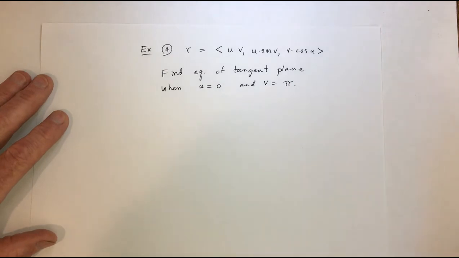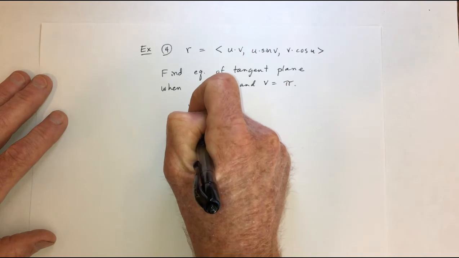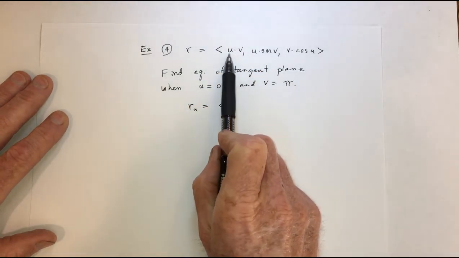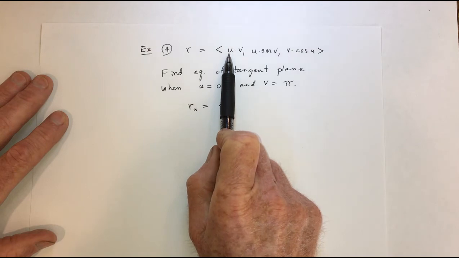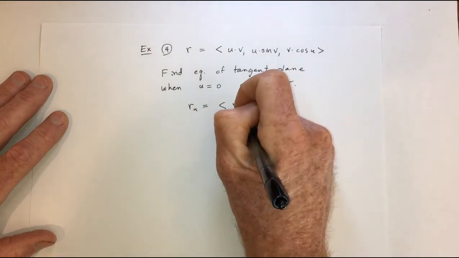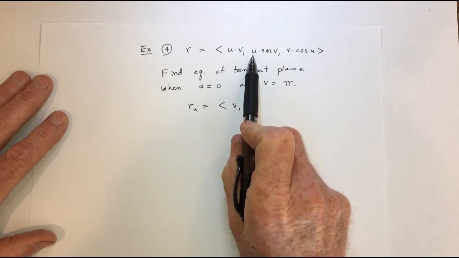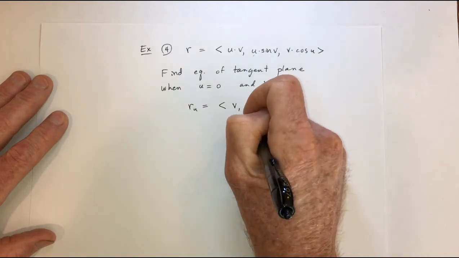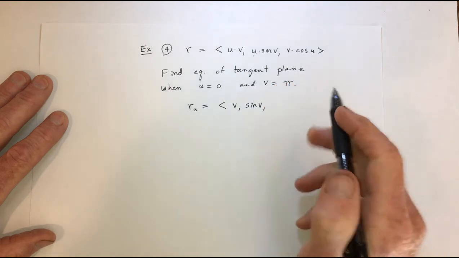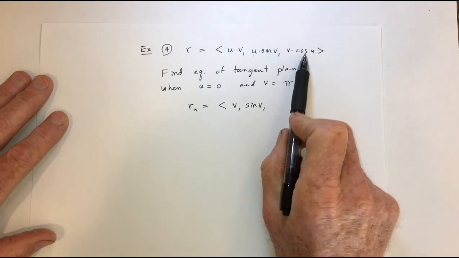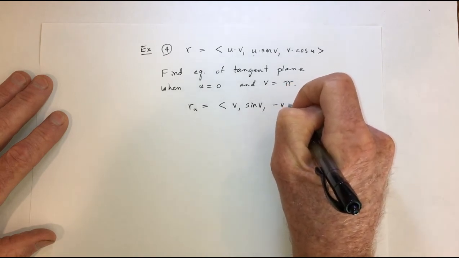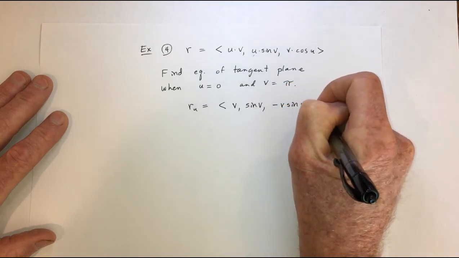So for one thing, we're going to need to know the derivatives. So we need the derivative with respect to u. So v will be held constant. The derivative of u with respect to u is a 1, so the first component is going to be v. Then take the derivative of this u, which is 1, times sine of v. And then the derivative of cosine is negative sine, so it'll be negative v sine of u.